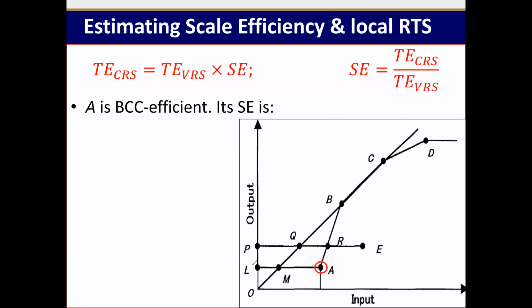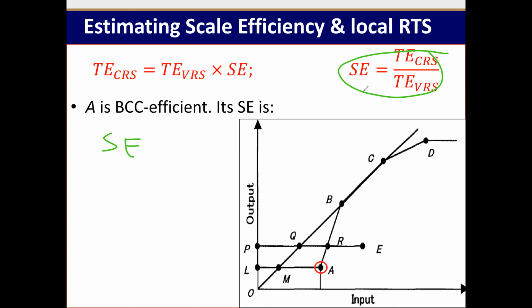For point A, remember the definition of efficiency: distance to the frontier divided by distance to the firm. So what is the distance to the frontier, in this case the CRS frontier? Look at the definition of the SE up there.